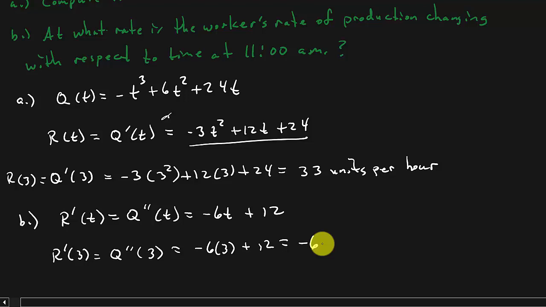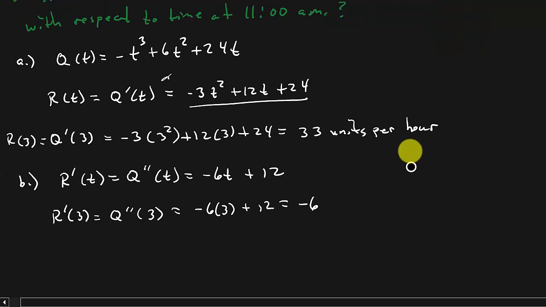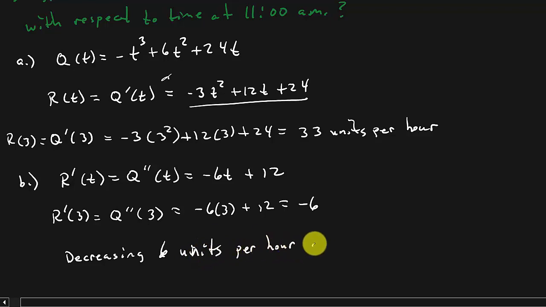So what does that mean? So that means his rate is decreasing at 6 units per hour at 11 a.m. Okay, because of the minus sign, that means it's decreasing.